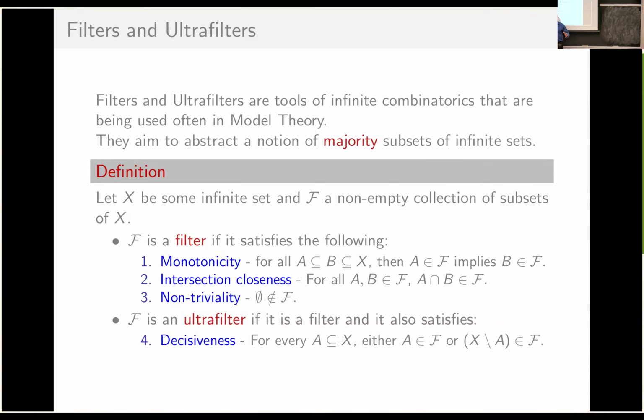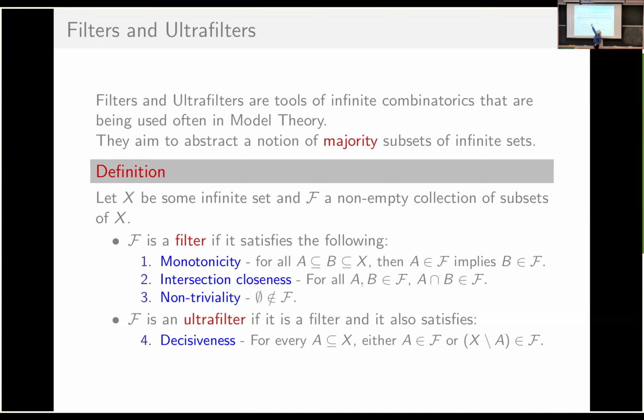Say you have an assembly, and in your assembly you have all members of the set X, and you have a vote: some subsets vote against, some subsets vote pro. You want to know who is the majority. So F is the collection of all the subsets that will count as majority.